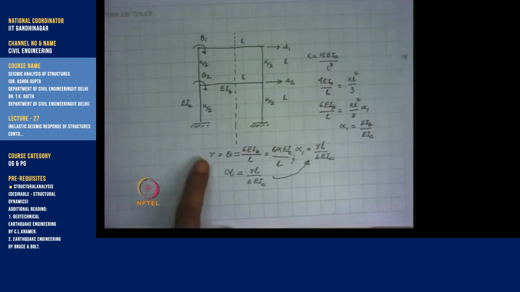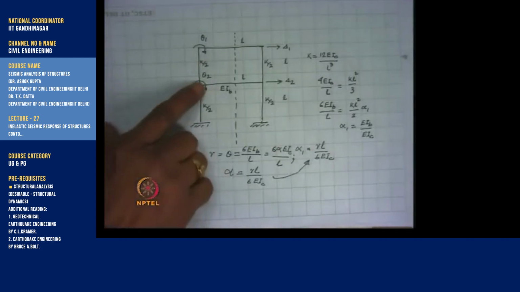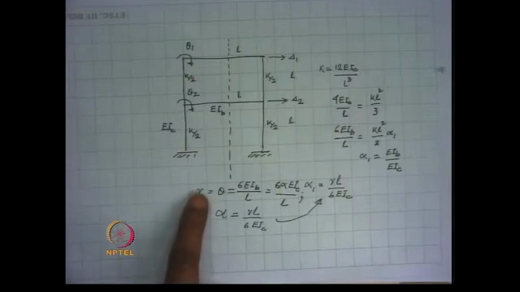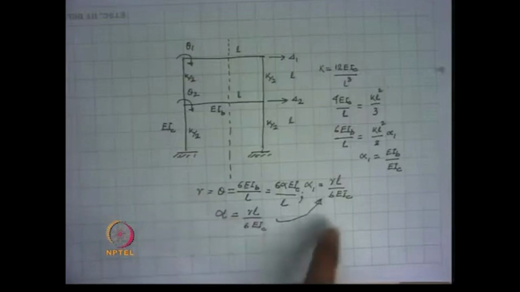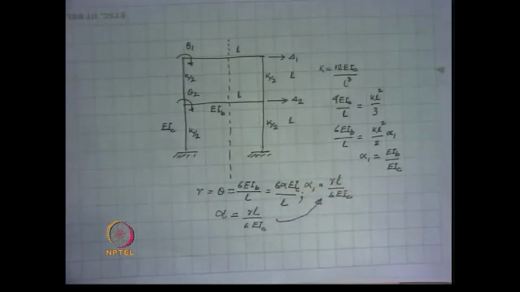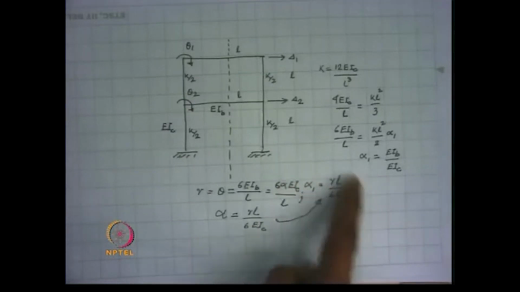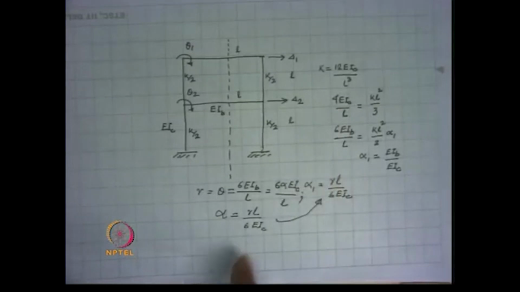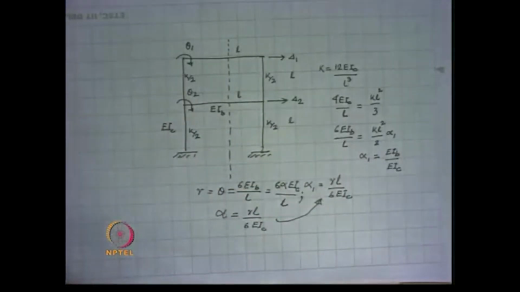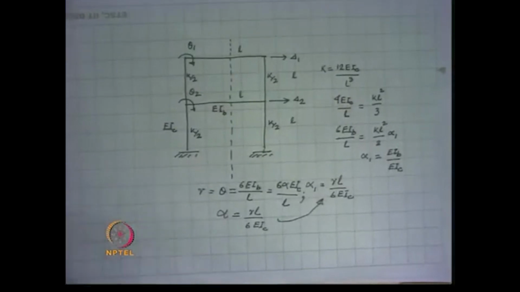We calculate the rotations at these particular ends after the yielding, and once we get the rotations, then the value of alpha can be computed with the help of this relationship or equation, and once we get the value of alpha, then we write down the stiffness matrix of the system in terms of alpha, that I show you.